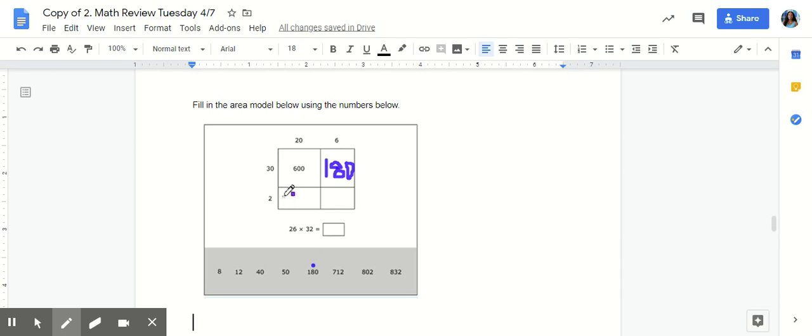Then 20 times 2 equals 40. That works also. Then we have 6 times 2, which equals 12.